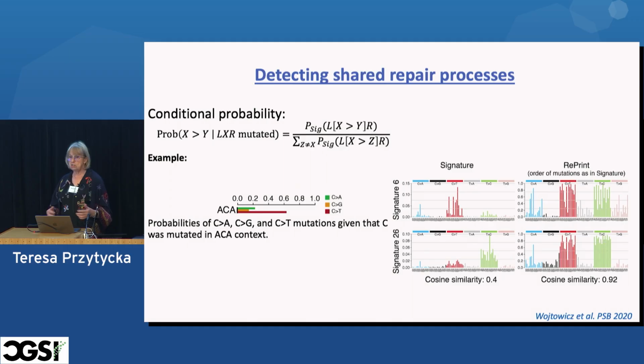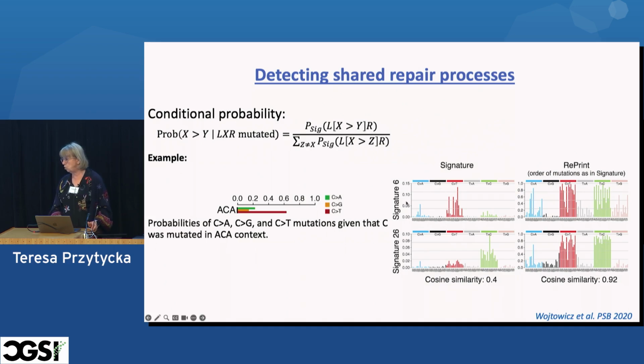That measure allows us to avoid biases in terms of nucleotide composition in different regions of the genome. One of the motivating examples that pushed us to follow this idea is that there are many signatures associated with mismatch repair.